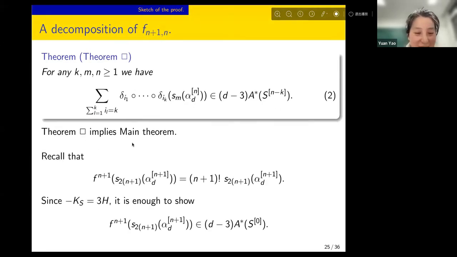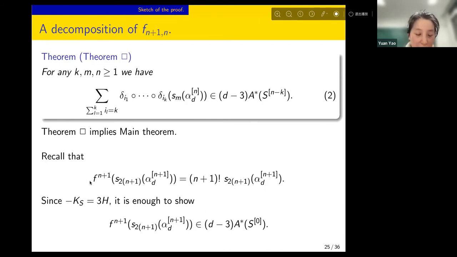So why does this theorem imply the main theorem? Our main theorem is the third integral. Now we get something very complicated, which looks like some algebraic thing. Because we have this map F, we do this map again and again, n plus 1 times, then we get something in our S0. Here S0 is the scheme of 0 points, just 1 point. Okay, this is our formula. So it's enough to show this is just a multiple of d minus 1.